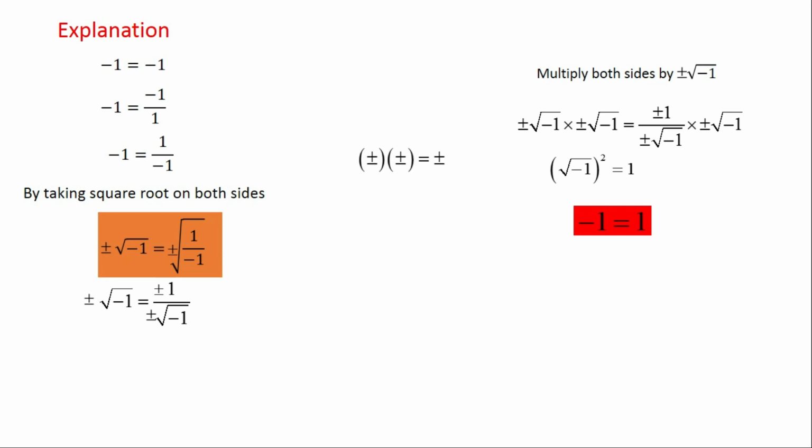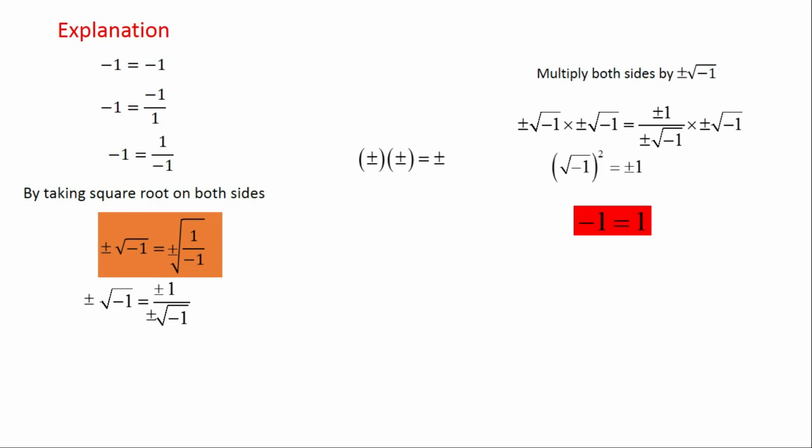And using the fact that plus minus into plus minus is equal to plus minus, because plus plus is equal to plus, minus into minus is equal to plus, plus into minus is equal to minus, and minus into plus is equal to minus, and by combining all these facts we have plus minus into plus minus is equal to plus minus.